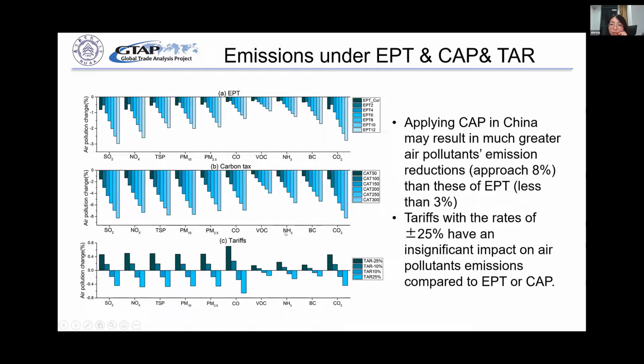So we can say that applying a carbon price in China may result in much greater air pollutant emission reductions compared to the environmental protection tax. And the tariff change has an insignificant impact on air pollutants compared to these two scenarios.